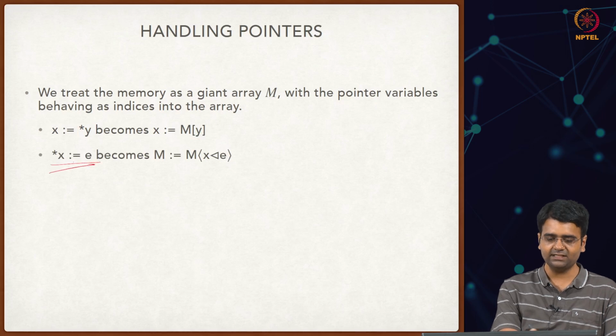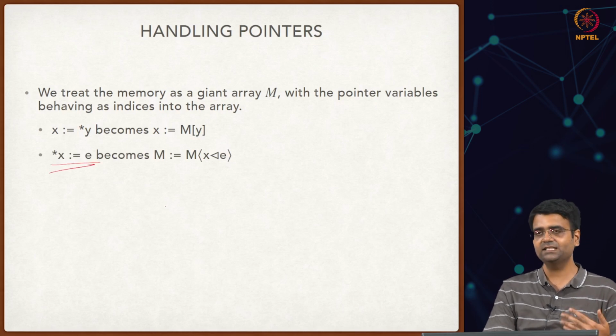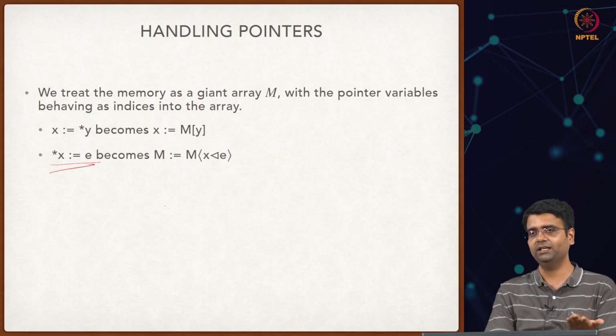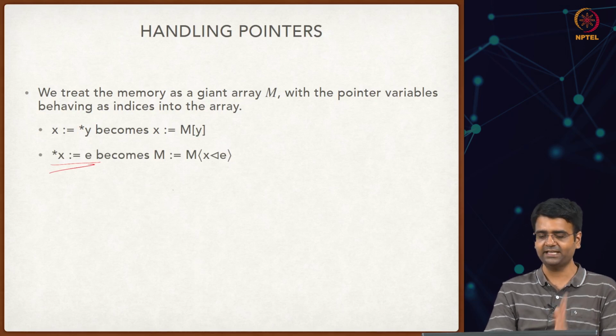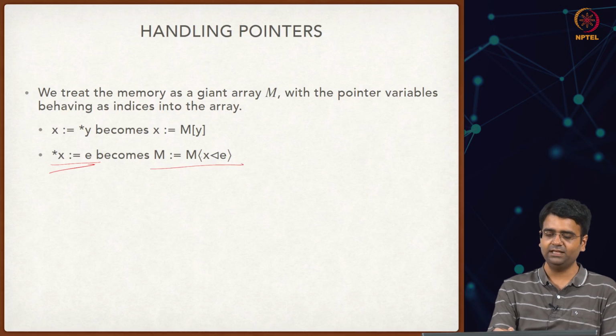Similarly, when you do star x equal to e, you are actually changing the memory array. So you are changing the memory array by modifying the value at the index x. So here we are using the theory of arrays. So we are saying that the memory array M has now been modified.